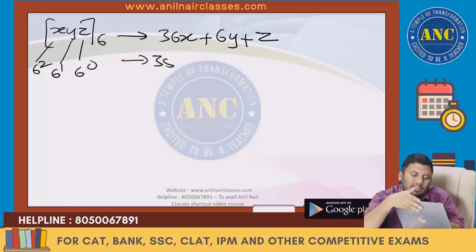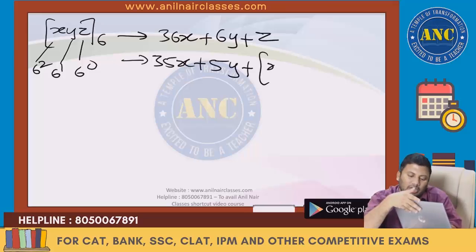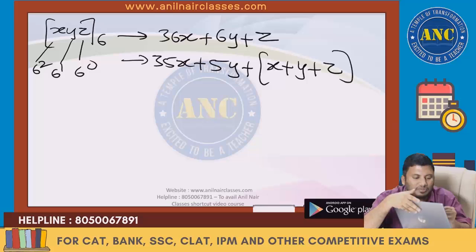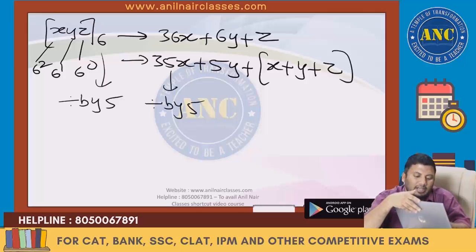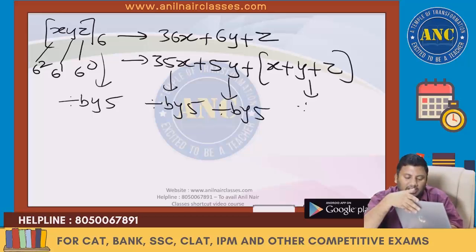This is 35x plus 5y plus x plus y plus z. So if this is divisible by 5, 35x plus 5y is divisible by 5, then x plus y plus z is also divisible by 5.